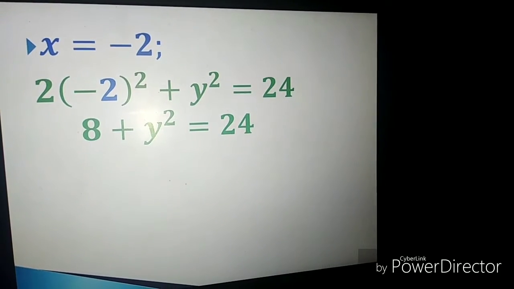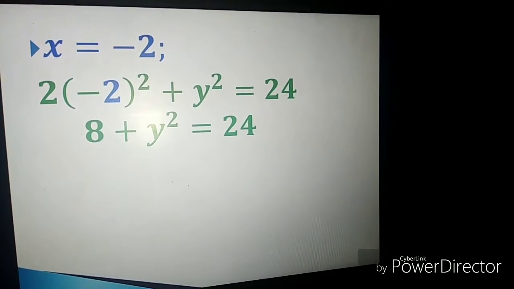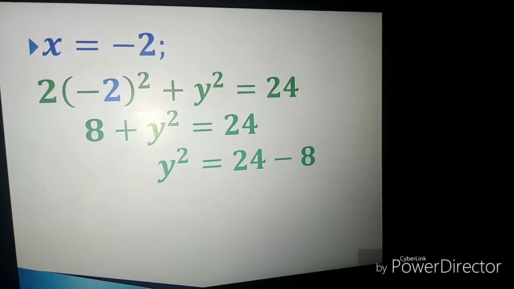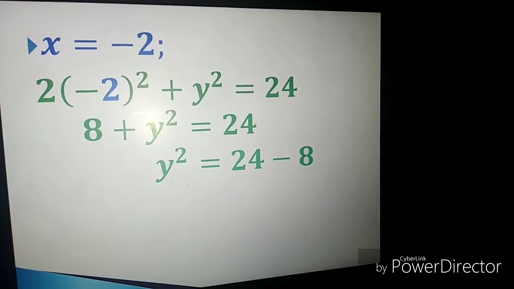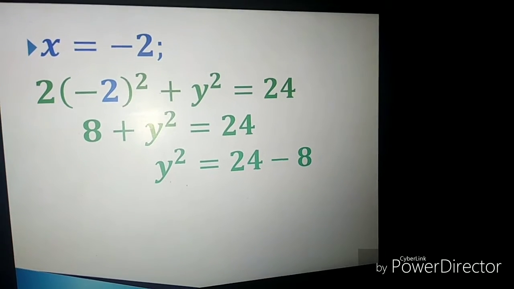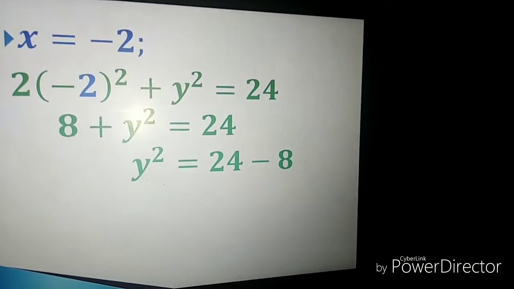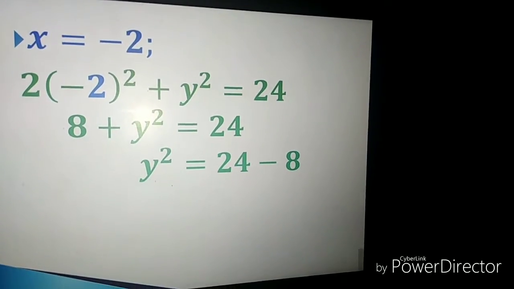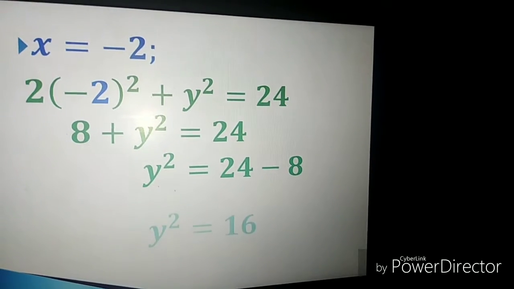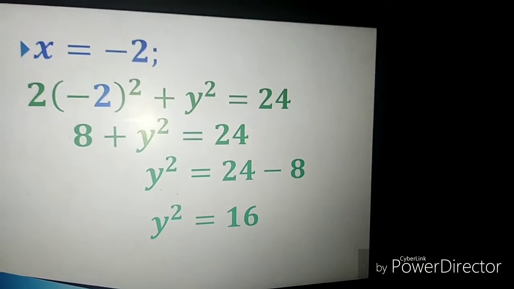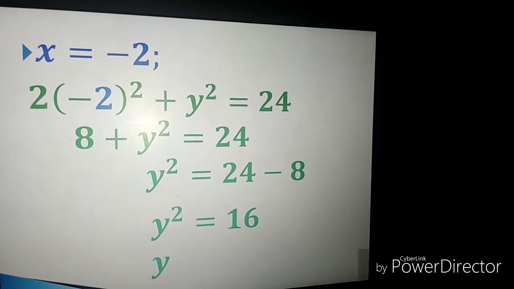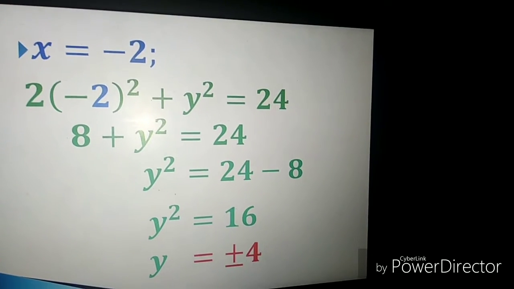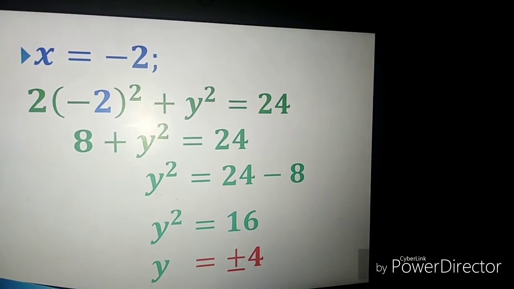So 4 times 2 is 8, plus y squared is equal to 24. By transposing 8 to the right side, 8 will become negative. So y squared is equal to 24 minus 8. So y squared is equal to 16. So the square root of 16 is plus and minus 4.